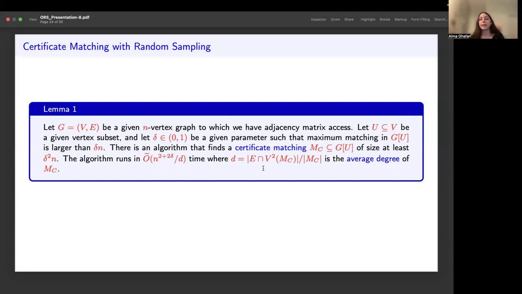Here d is the average degree of a matching that I'm going to define by counting all the edges that have both endpoints in the vertex set of this matching and dividing by the size of the matching. This is the definition of the average degree of the matching that I'll be using in this talk.